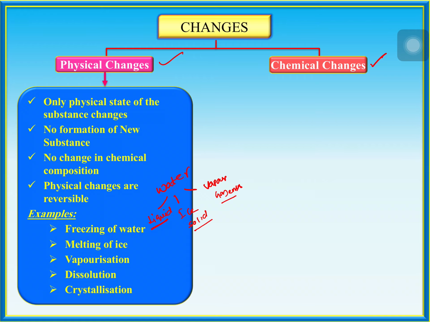So a solid can change into liquid, a liquid can change into gas, and vice versa. These changes are called physical changes. So only the physical state of the substance changes. In a physical change, you cannot find any new substance, whether it is solid, liquid, or vapor; all three forms are the same as far as we are concerned.